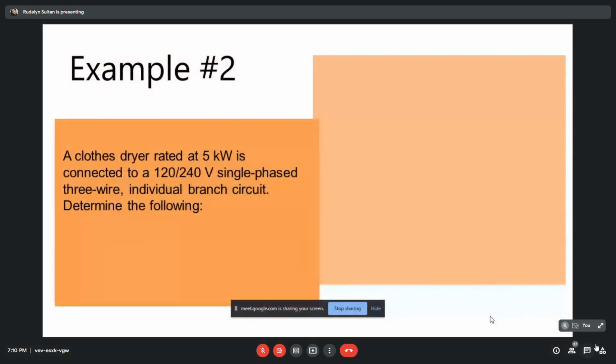Now we have example number 2. A clothes dryer rated at 5 kilowatt is connected to a 120 or 240 volts single-phase 3-wire individual branch circuit. Determine the following. A. The connected full load in amps.